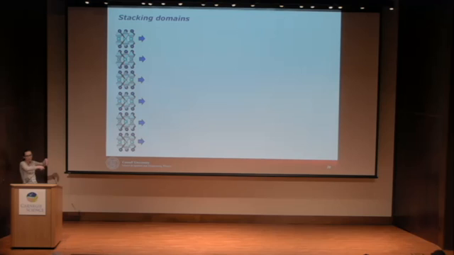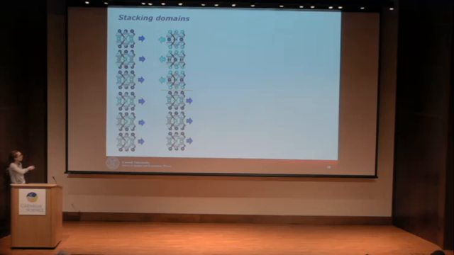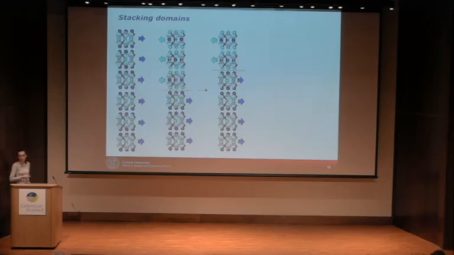If we're in the ferroelectric, polar state, then the polarization in all slabs is pointing in the same direction. But because these slabs are weakly connected along z, we could also imagine a configuration where there's a stacking domain at some point here. On the bottom we have polarization going to the right, on the top we have polarization going to the left. And then we could imagine switching the polarization by moving this stacking domain.